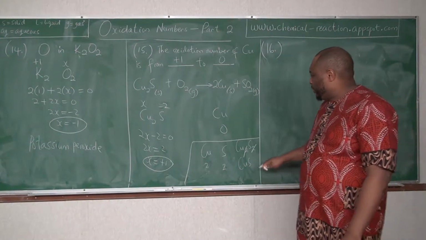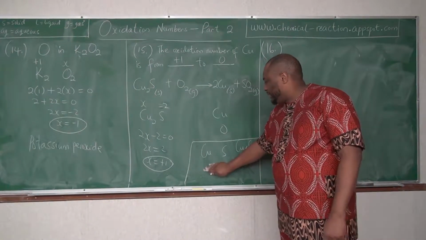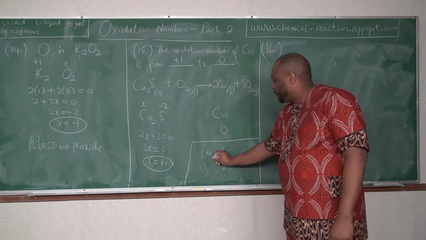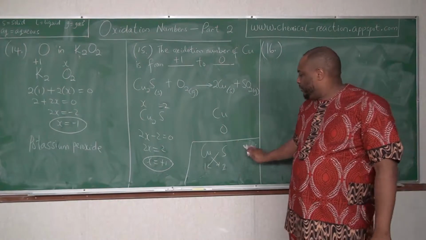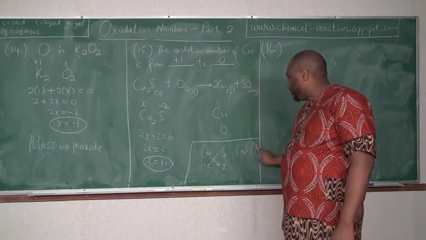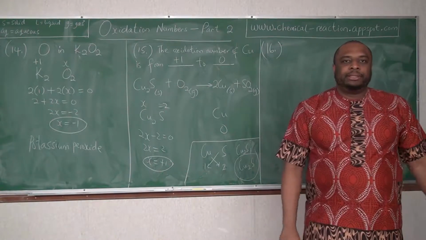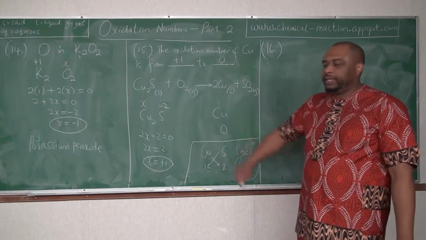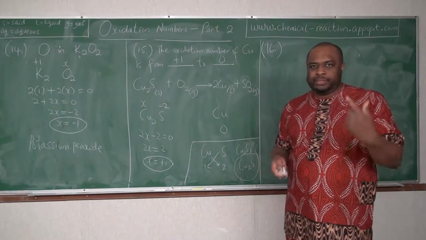But because you have Cu2S, that means the copper is 1. In naming compounds, you do it like this: Cu2S1, which is just Cu2S, copper 1. Or you can just solve it. But with time, I want you to just look at it and know what is what.